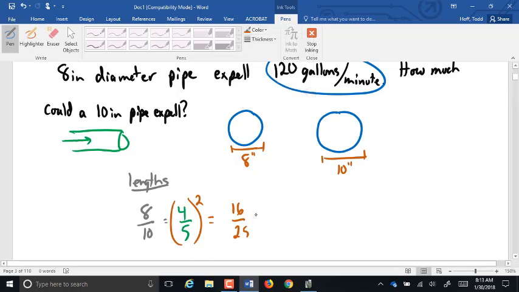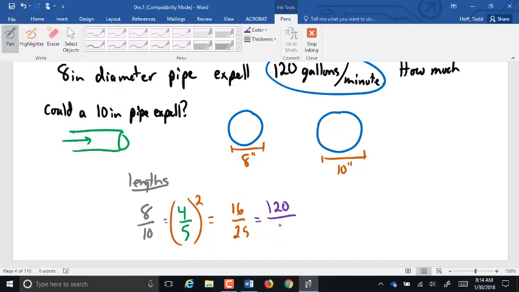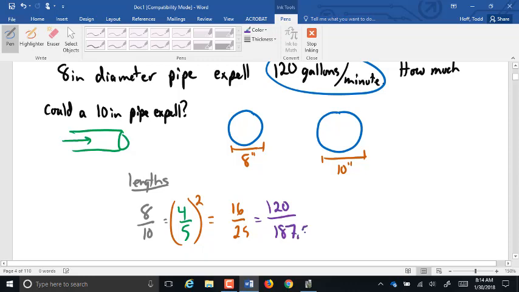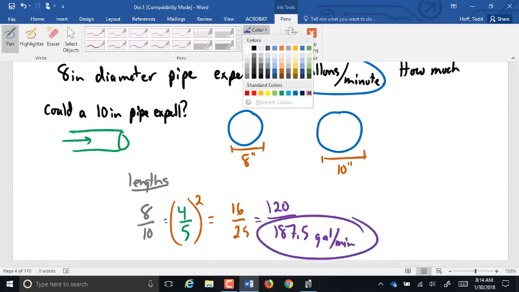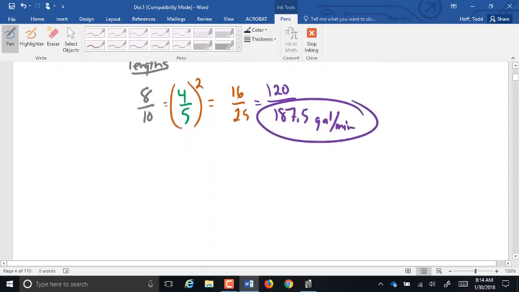And we'll use that with our 120 gallons per minute. 120 times 25 divided by 16 is 187.5. So that would go up to 187.5 gallons per minute. So that's the tricky part with these problems, figuring out whether it is an area or a volume.